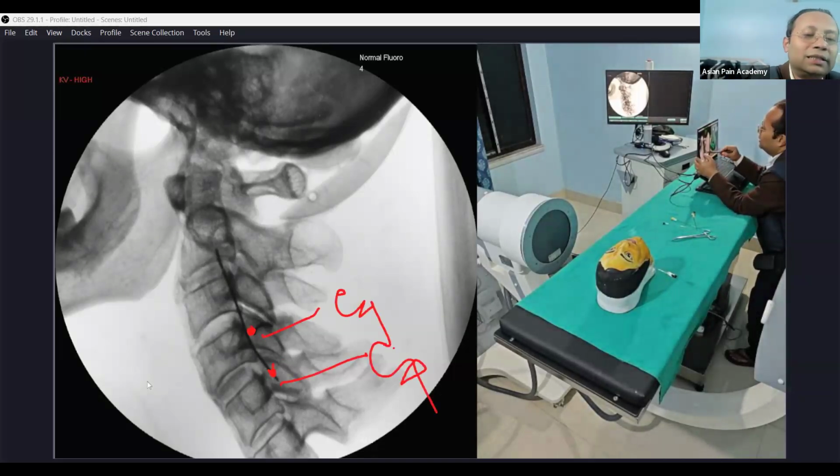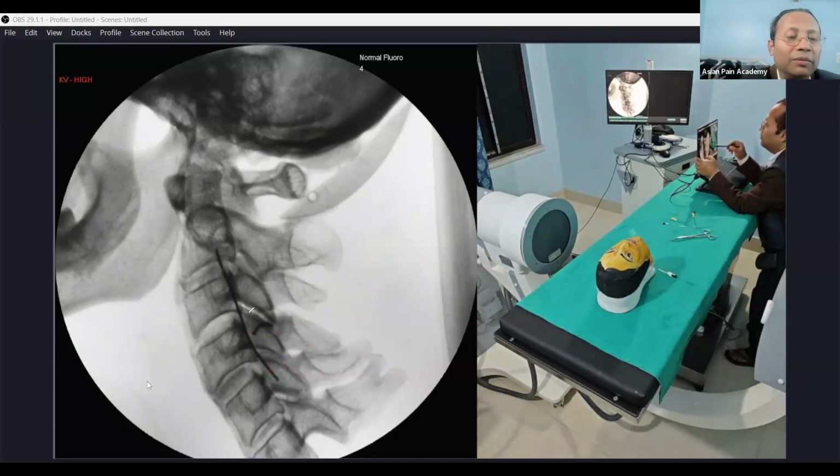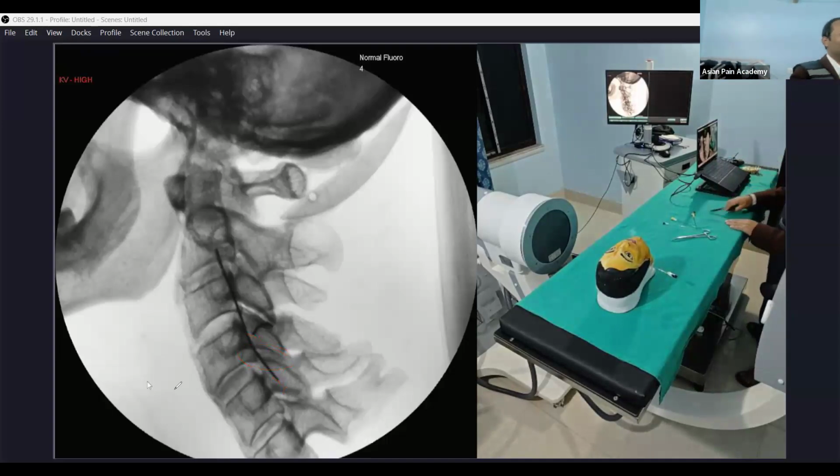So if this patient has a right-sided C4-5 facet joint, then over these two areas I will give local anesthetic, 0.5 ml each, to block the in-between facet joint. That will serve as a diagnostic medial branch block.